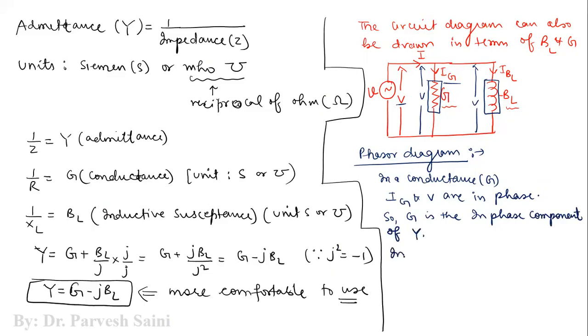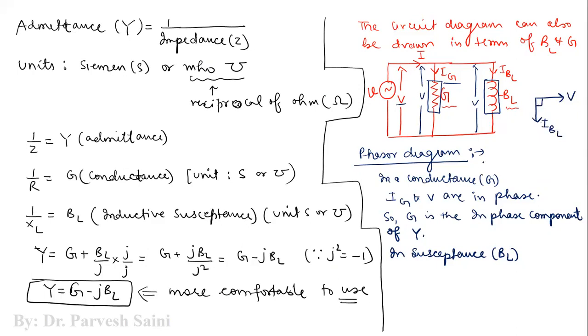Now in susceptance BL. Now here, as you can see, the voltage and current will have a phase difference of 90 degrees. Now because in this parallel circuit, voltage is the common component, we will take voltage as the reference phasor, and then we will have this IBL, for example, right?